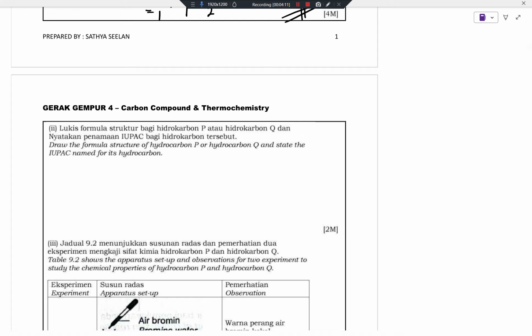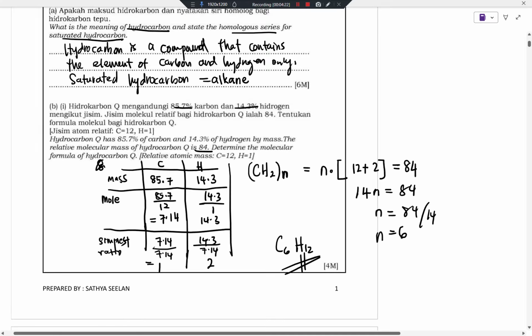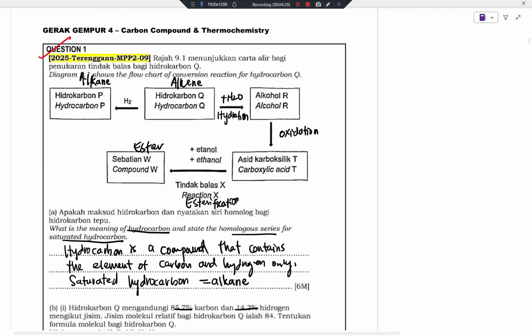Okay, now draw the structural formula of hydrocarbon P and hydrocarbon Q, and state the IUPAC name for both of them. Okay, hydrocarbon P and hydrocarbon Q. So we know already C6H12 is your hydrocarbon Q, right? Hydrocarbon Q is C6H12. That means your hexene.